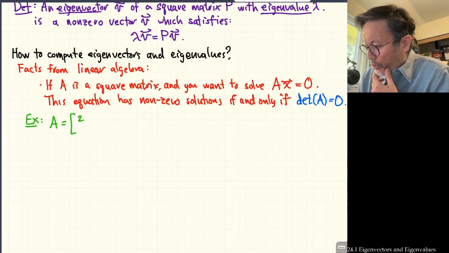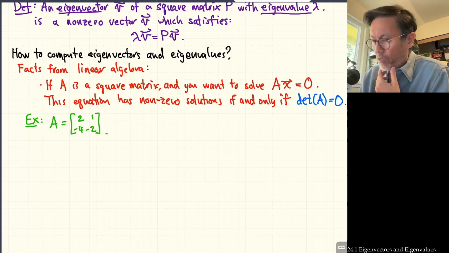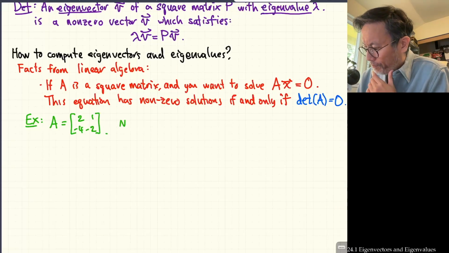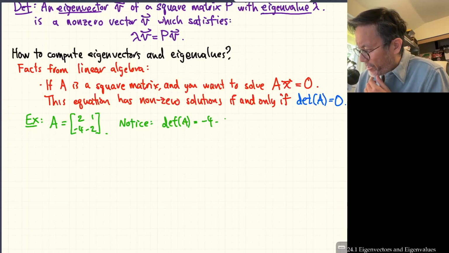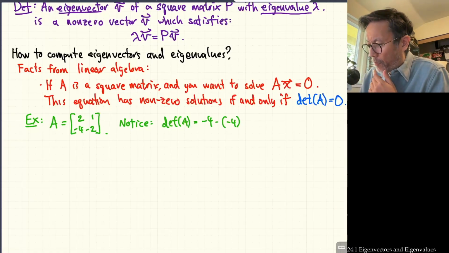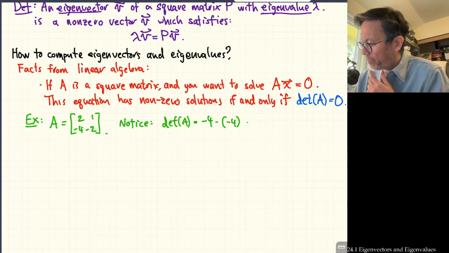How about 2, 1, negative 4, negative 2? Notice that the determinant of A is the product of the diagonals, which is negative 4, minus the product of the off diagonals, which is minus negative 4. So I get negative 4 minus negative 4, that's 0.